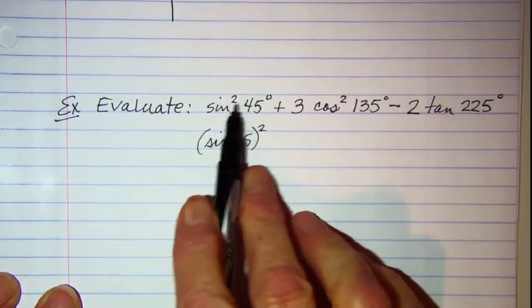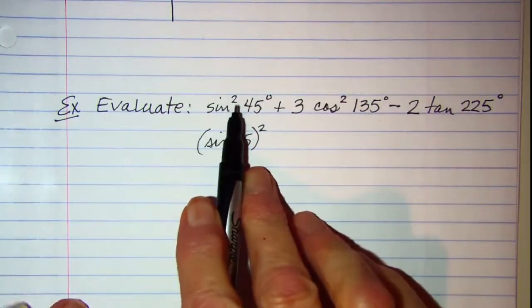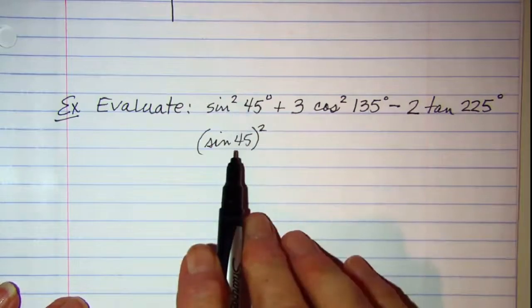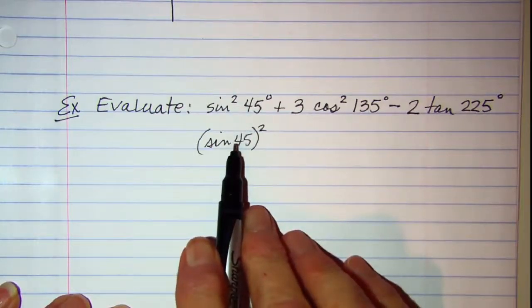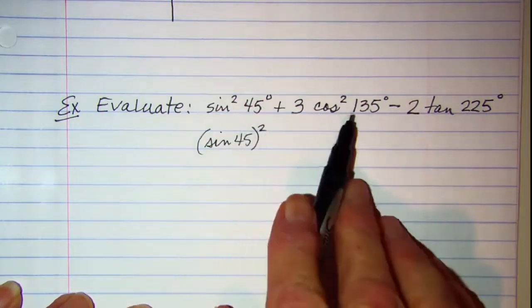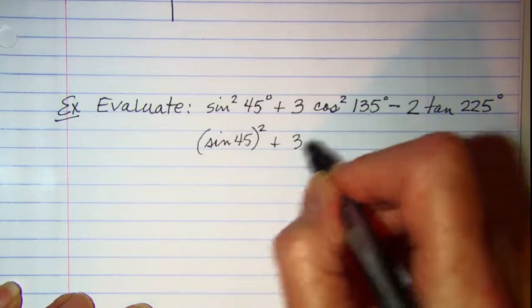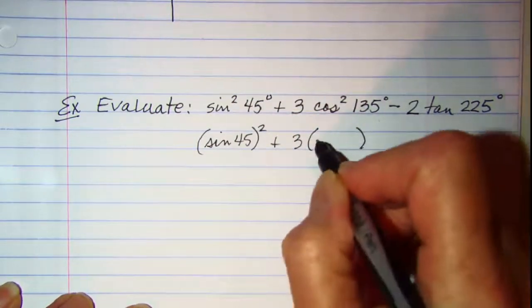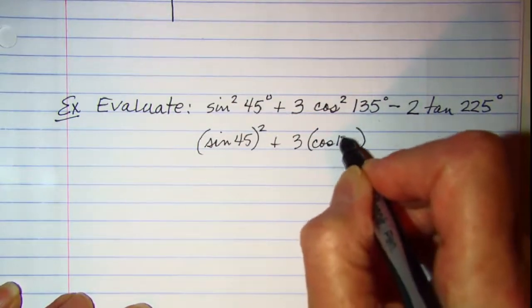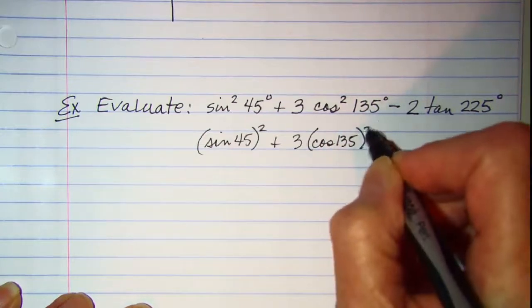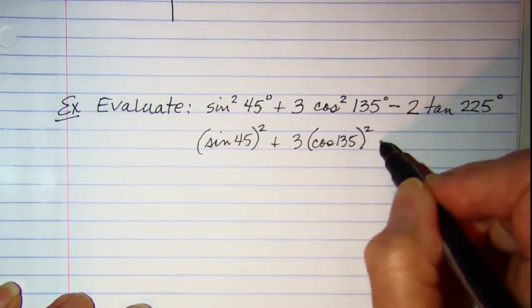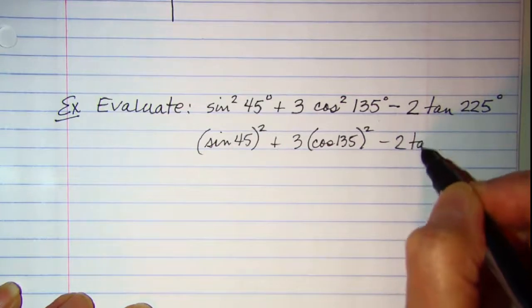Usually it's written this way just because it's less writing, but what we're actually having to do is find the sine of 45 and then square that value. So let me write this one like that as well. This will be 3 times the cosine of 135, squared, and then minus 2 tangent 225.